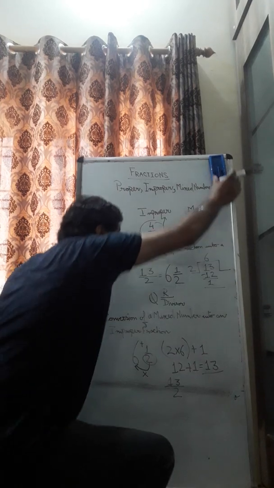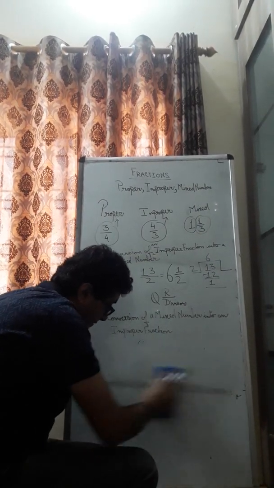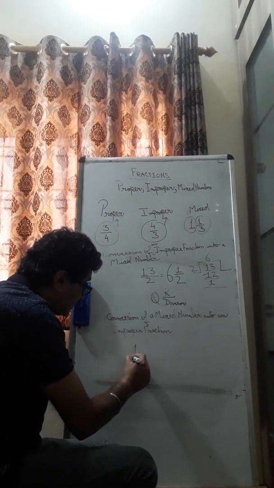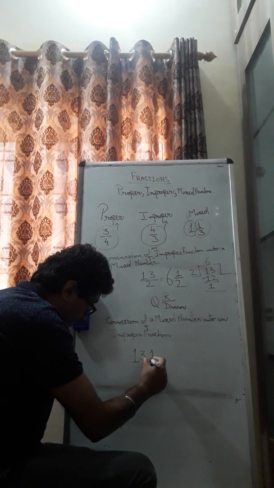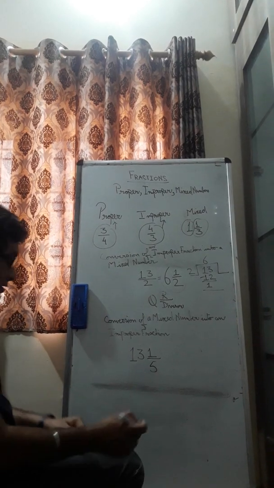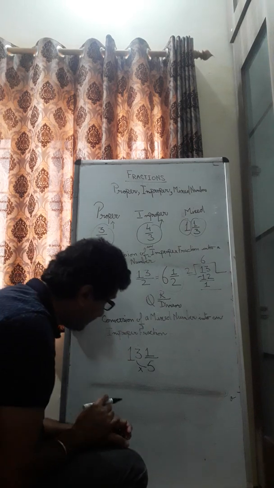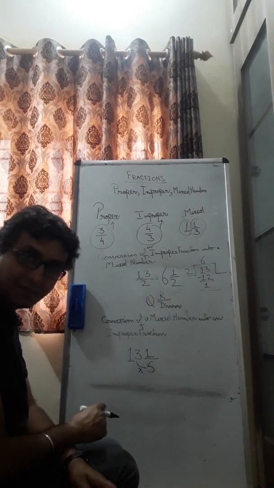Let's take another conversion. Let's suppose you have got 13 1 by 5. As I told you, you multiply this. 13 into 5 is how much? 13 fives are 65.